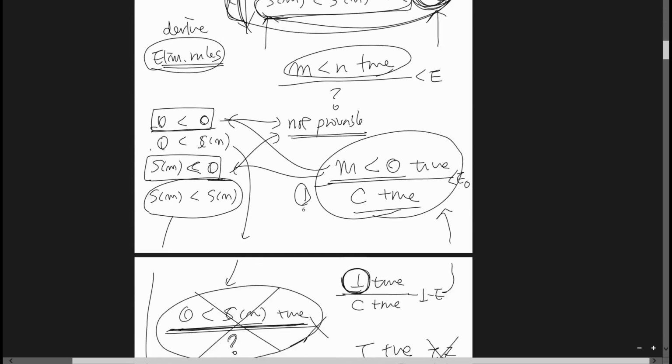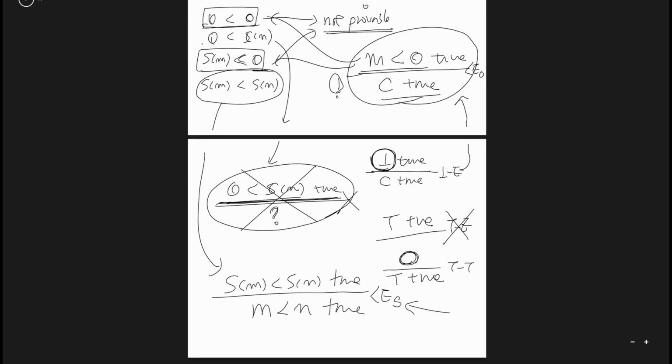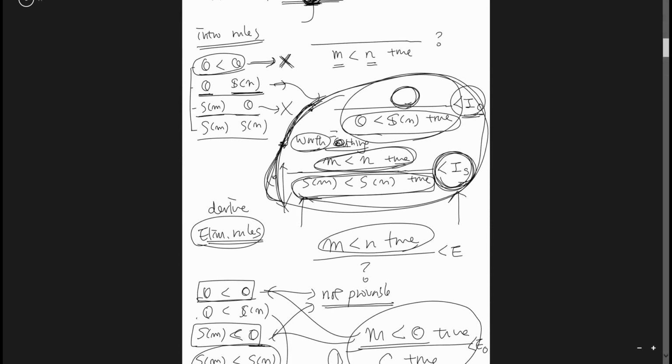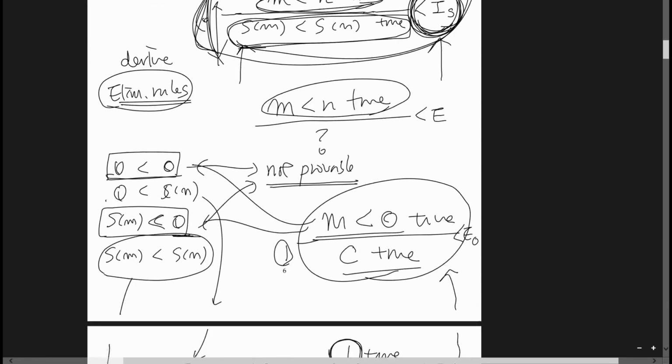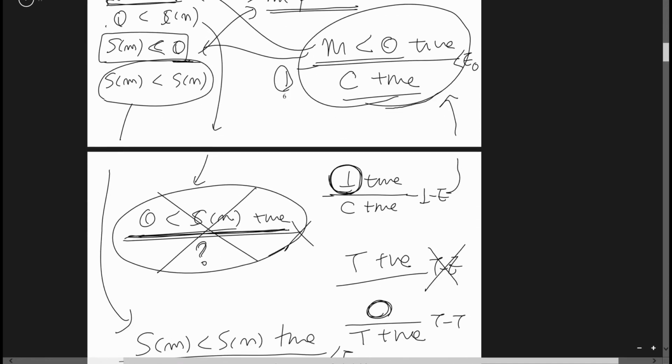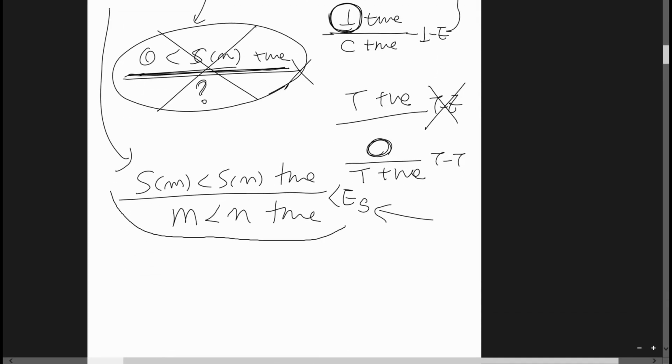So to summarize, we have derived two elimination rules. We started with these two introduction rules, and from these two introduction rules, we have derived this elimination rule and this elimination rule. So let me write them again here.